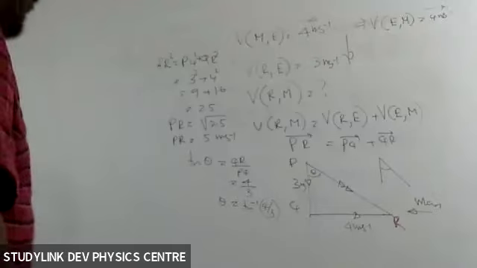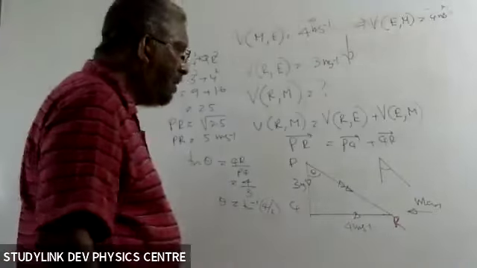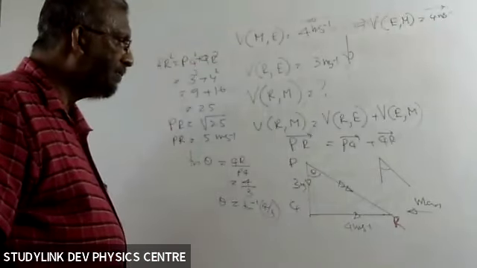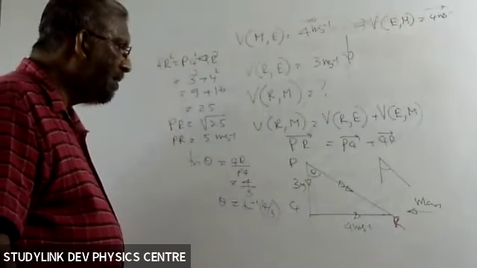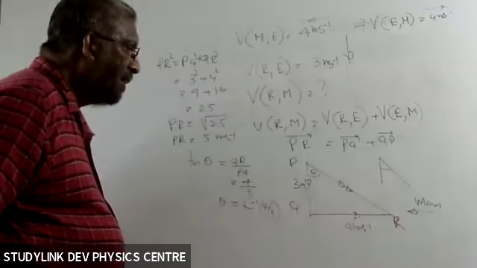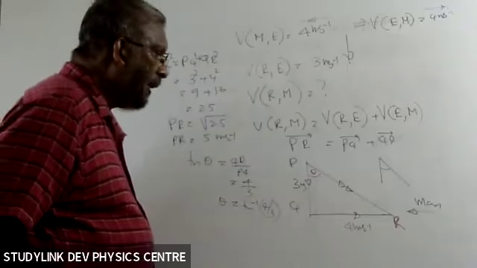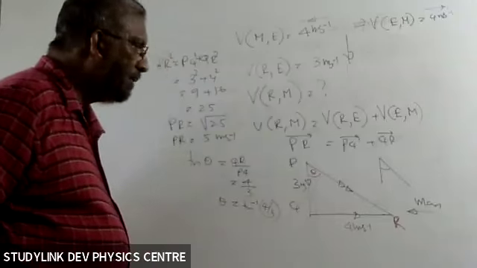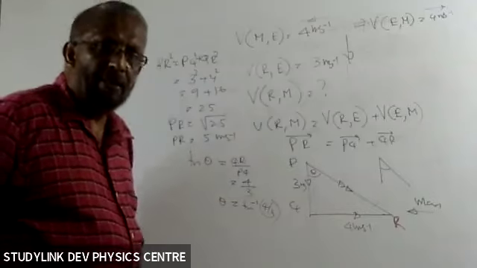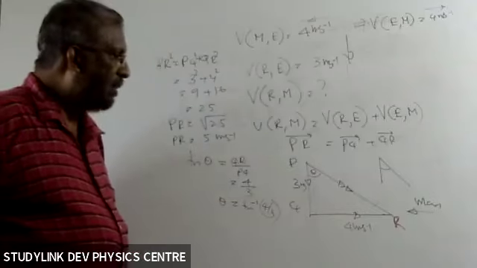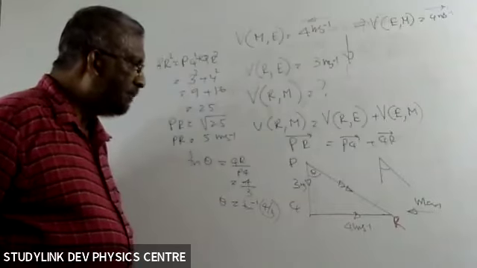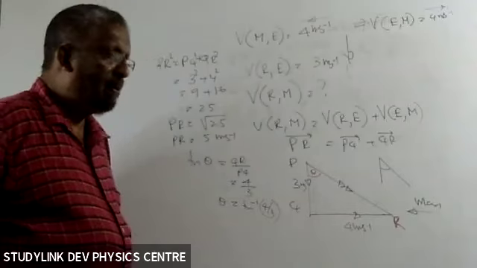Next question. A boy is moving towards east with a velocity of 8 ms minus 1. It rains with a speed of 6 ms minus 1.